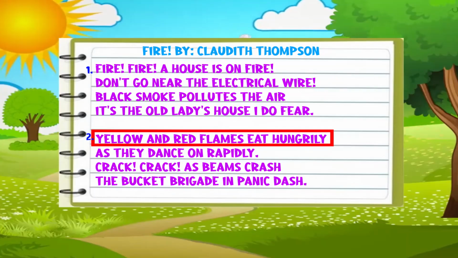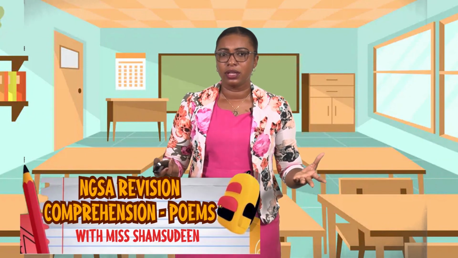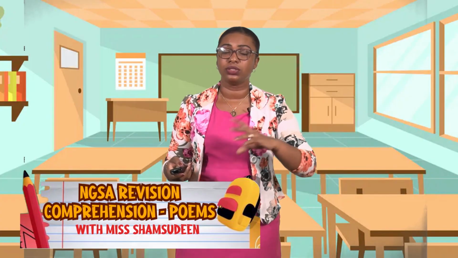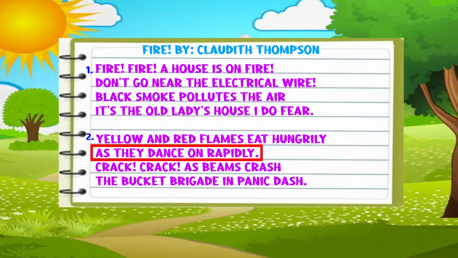Now look at the second stanza. Yellow and red flames eat hungrily. Now, can the fire really eat? Who eats? People eat. So here we're seeing that we are giving that human quality to the fire. We're saying that the fire was eating something. And then we also see the next line, as they danced on rapidly.